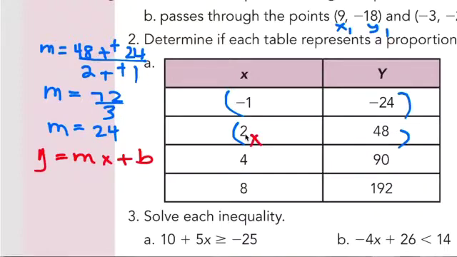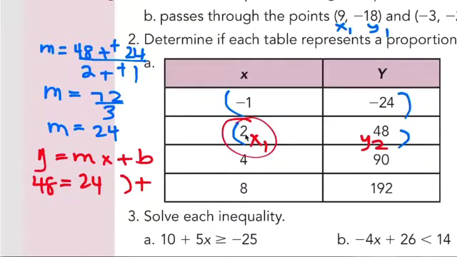I'll use this because they're positive. I do not like negatives, I make mistakes. You get 48 equals m. m is 24. We don't know what y is, we need to find it. Plus x, we do know x. Sorry, x is 2, right? And we're going to find y there. 48 equals 48 plus y, you minus 48.